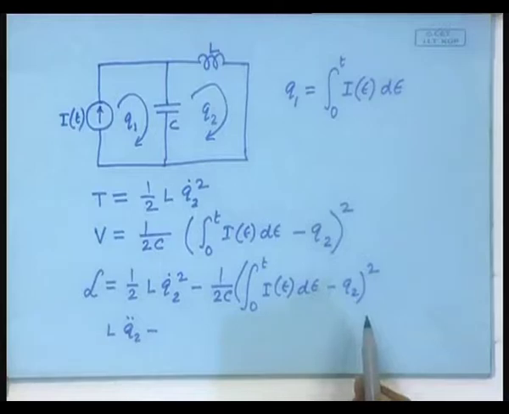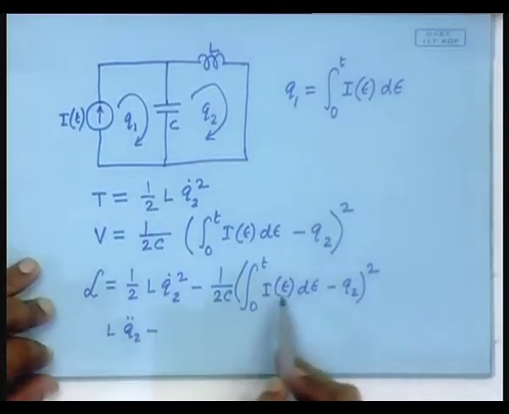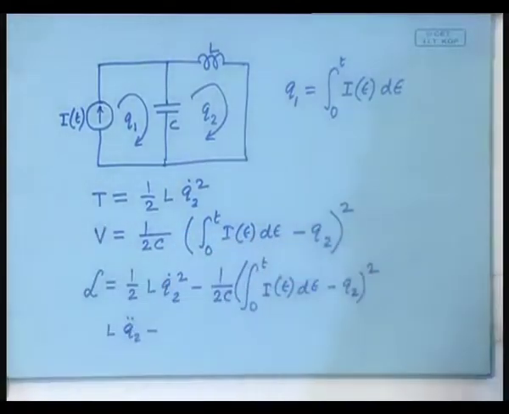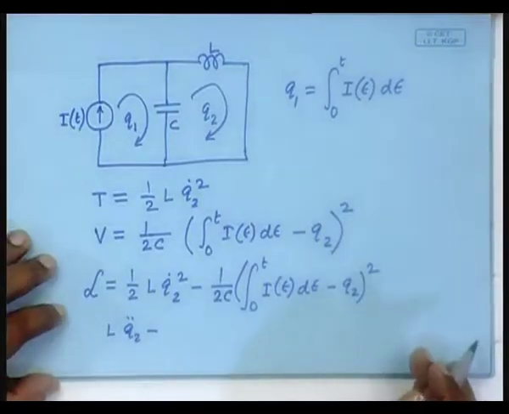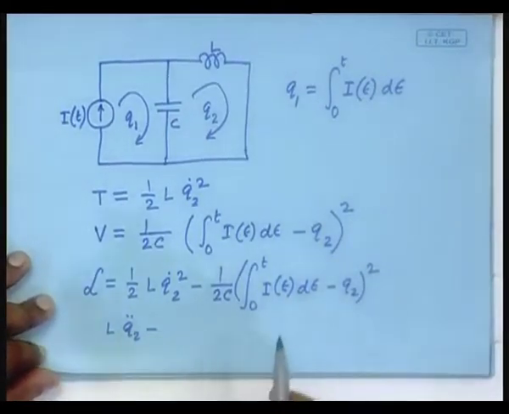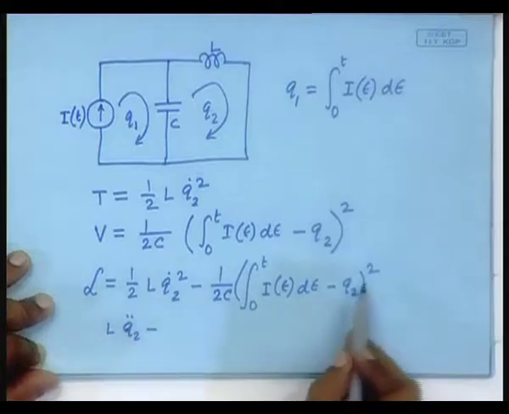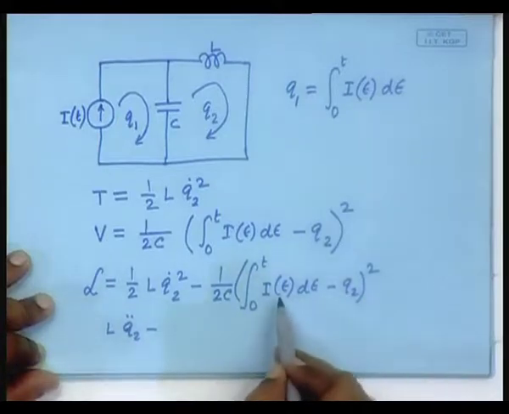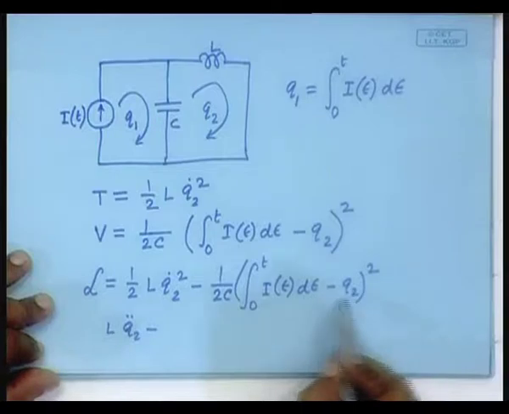Whenever it comes to be just this square, it will cancel off when you differentiate, and ultimately you get one term with this thing. So, it will be twice Q2 and this differentiated with respect to Q2, only this remains.